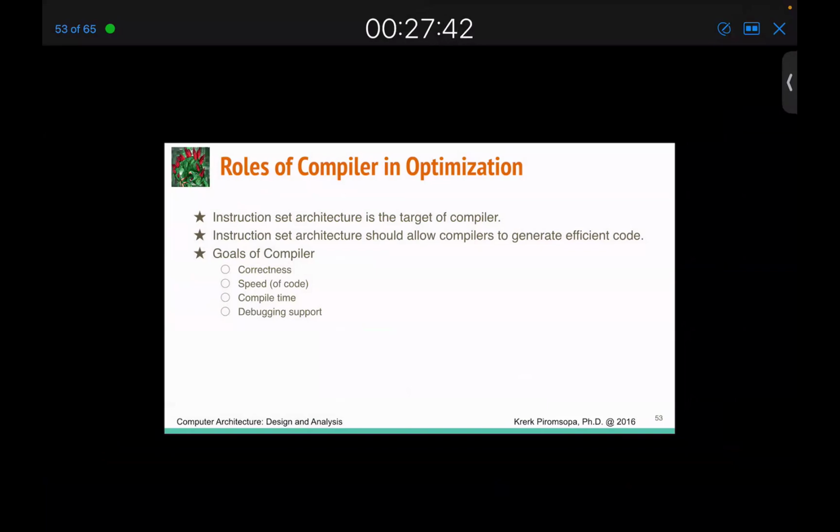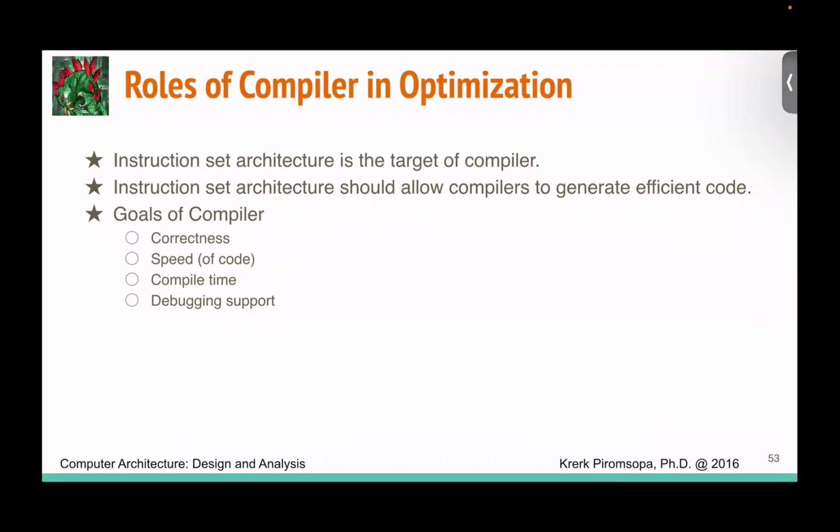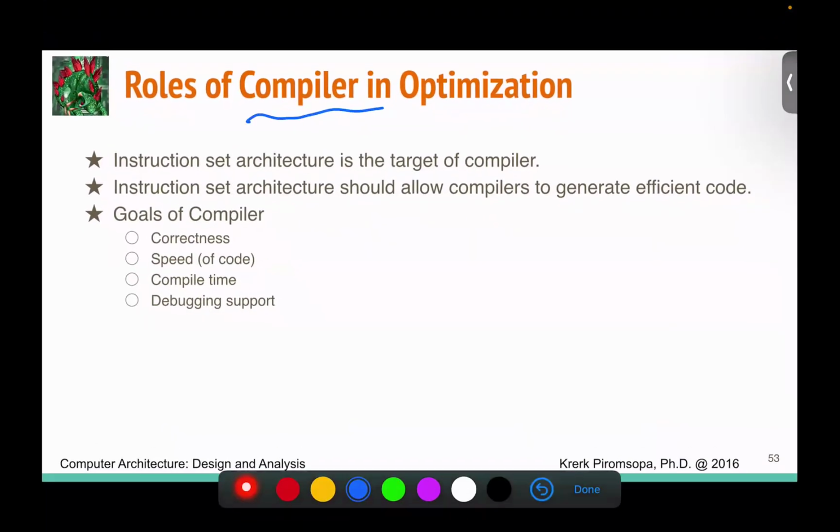Before we finish the chapter, there's one more thing that you should know, and usually nobody talks about it in the architecture class: modern architecture also has to consider the compiler. Why? Because we no longer write assembly code nowadays.